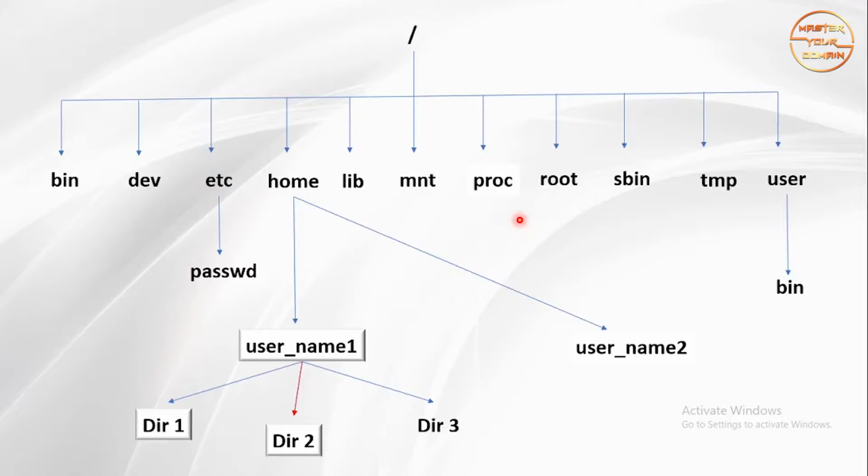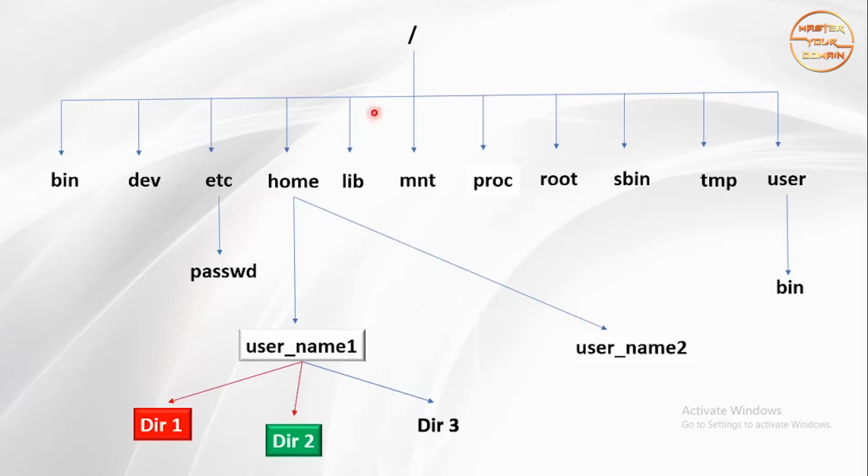So let me show you this. For example, suppose you are in dir1 right now and you want to go to dir2. Before that, just remember one thing: every directory knows all the directories with which it is sharing its parent. For example, home, etc, dev, bin, lib, mnt, proc, root, sbin, tmp, user, they all know each other because they all share a single parent, which is root.